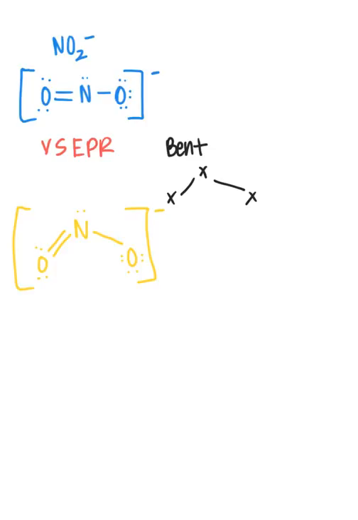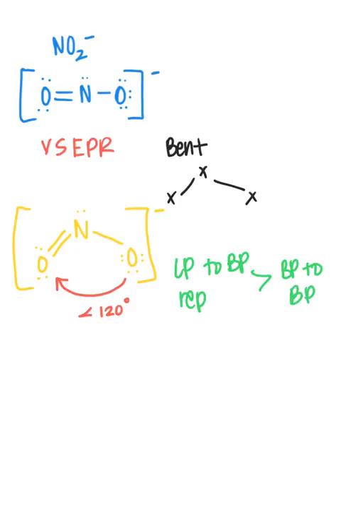And we also want to show that the bond angle in this ion is going to be right here, and it's going to be less than 120 degrees. This is due to the fact that lone pair to bonding pair repulsion is greater than bonding pair to bonding pair repulsion.